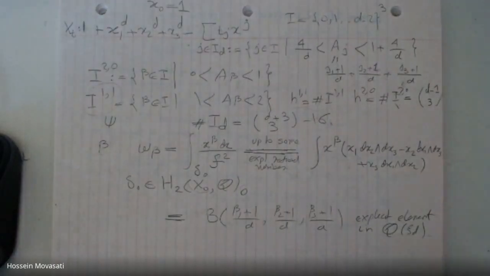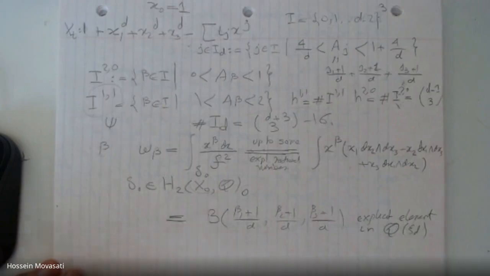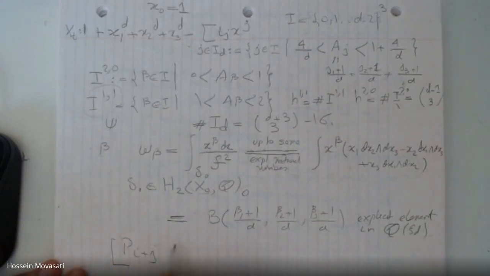Anyway, the formulas are clear. I have written them in my book. But then what we did, we introduced this matrix pi plus g, I in I d.